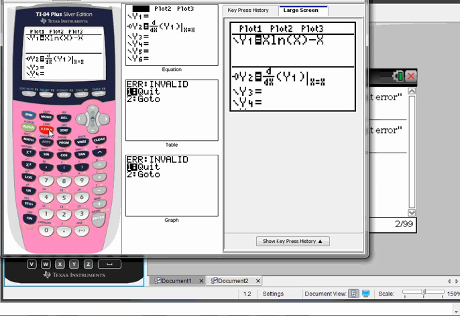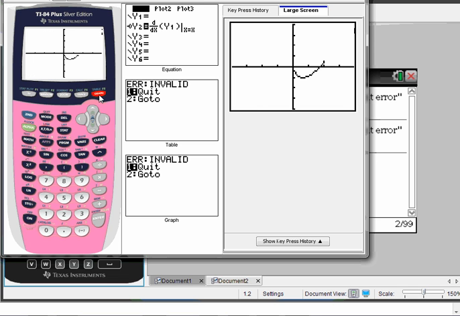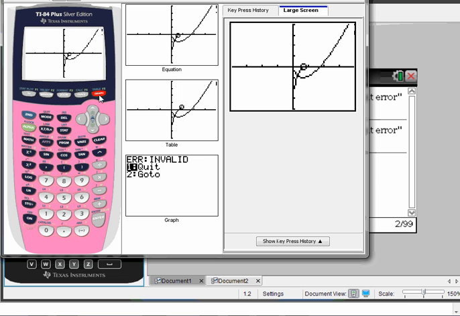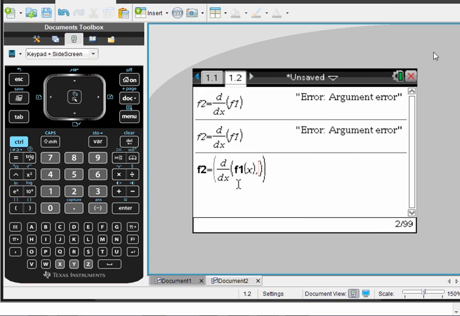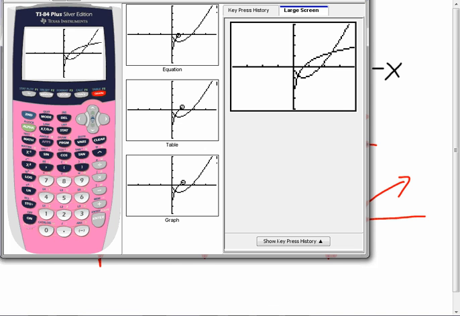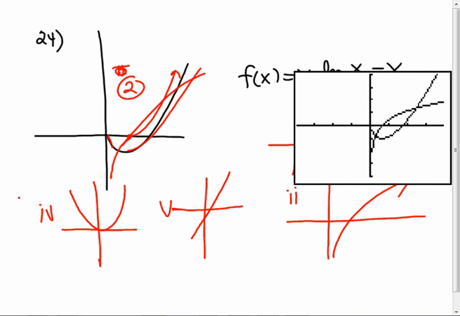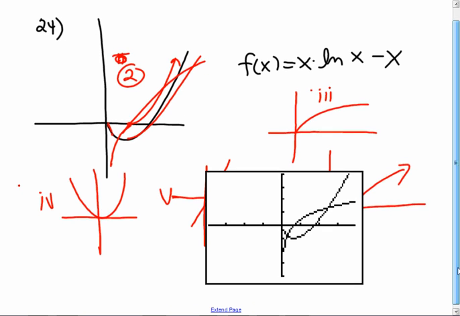So I can just press graph. Here it comes. Do you recognize that picture? It's the log function. I've got to figure out how to do that, because these guys have to know.